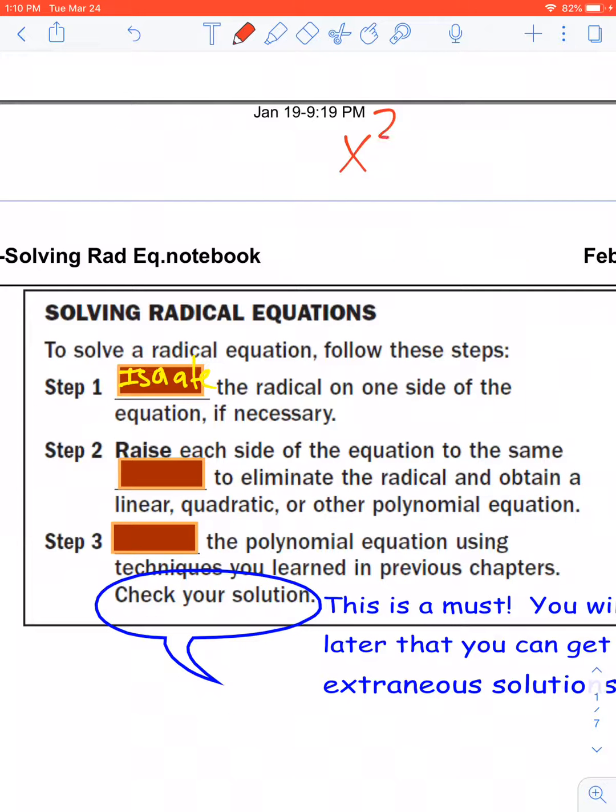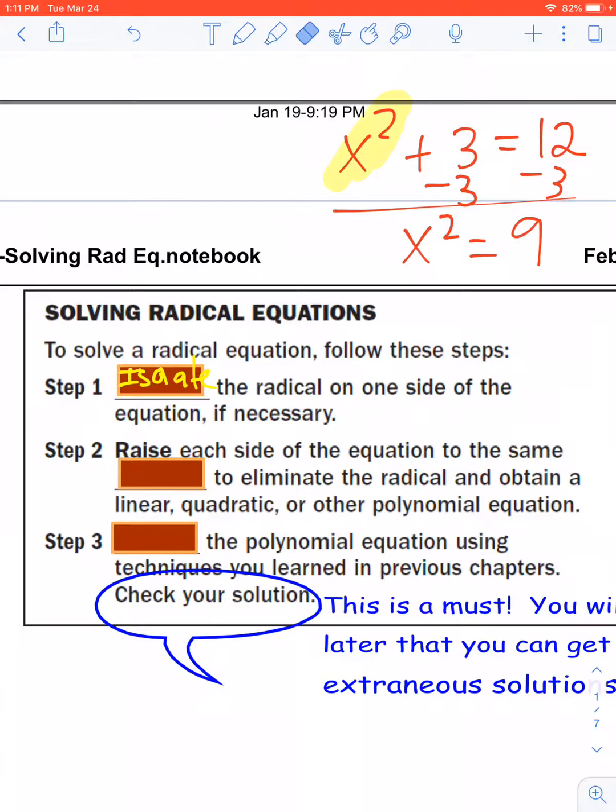Well, remember when I've given you problems like x squared plus 3 equals 12? And if we're going to solve by square roots, I told you that whatever is being squared has to be by itself on one side. So we subtracted 3 to get x squared is equal to 9. And now we can say that the x squared is isolated.